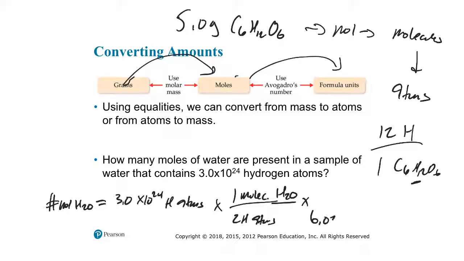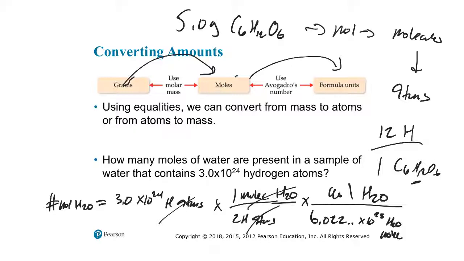There's an Avogadro's number of water molecules in a mole of water. So we've gone from H atoms to molecules of water, 2 H atoms per 1 molecule, and then Avogadro's number of water molecules in a mole.